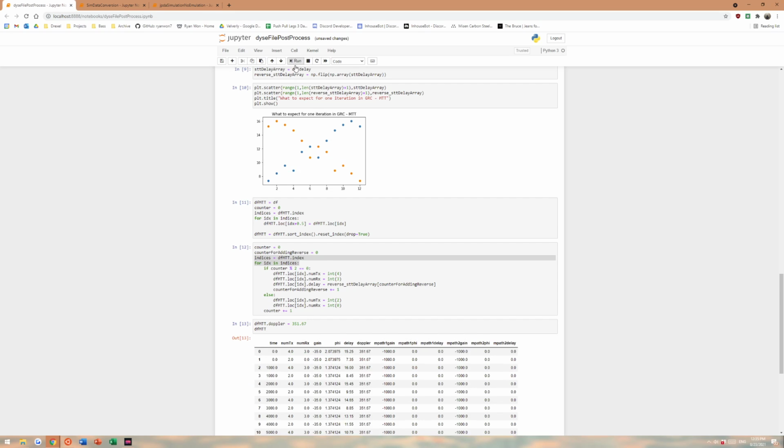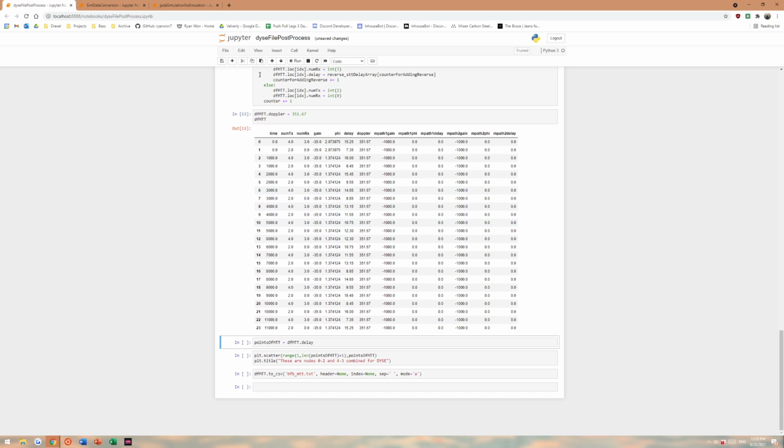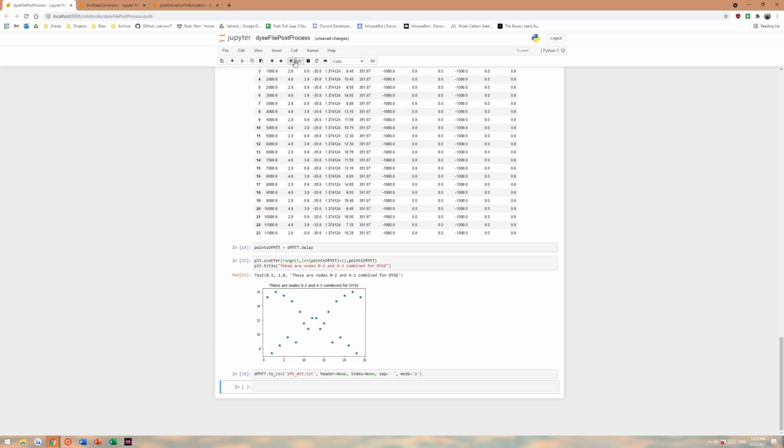They also calculated the total delay in this column, removing it from the multipath delays, and they added a Doppler shift frequency of 351.67 Hertz, which we'll use later to calculate the velocity. So this is all written to a text file.